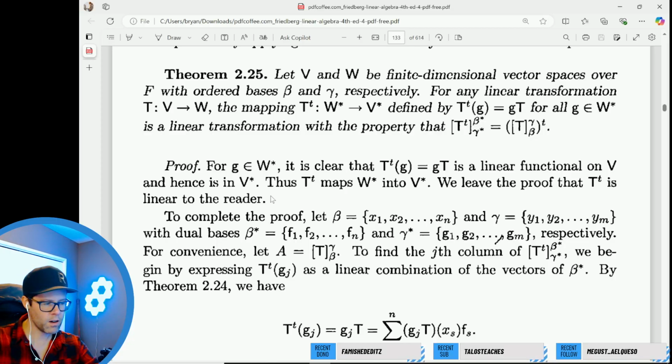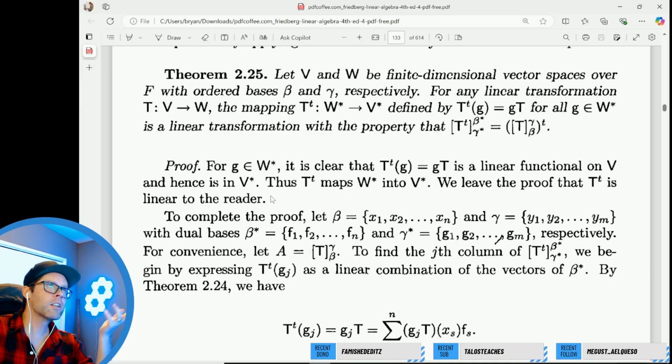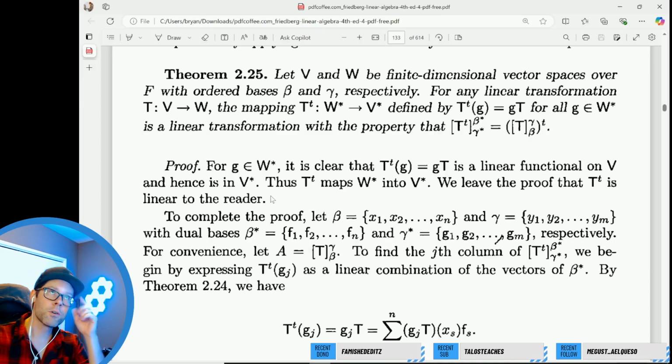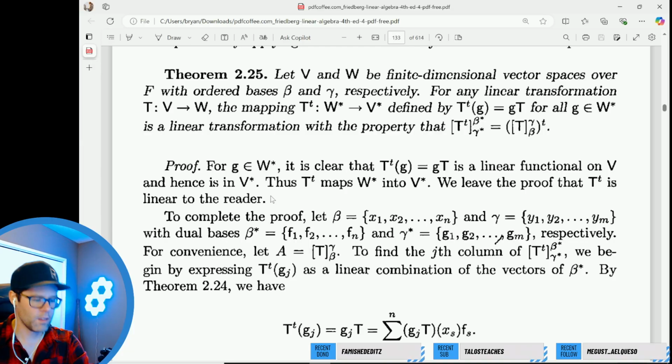Because we're dealing with composition, aren't we? Oh, but it's function addition and function scalar multiplication, so it should be fine. So it should be linear. That should be fine.